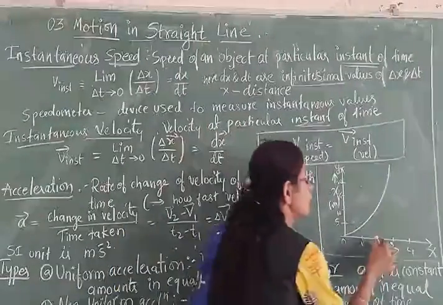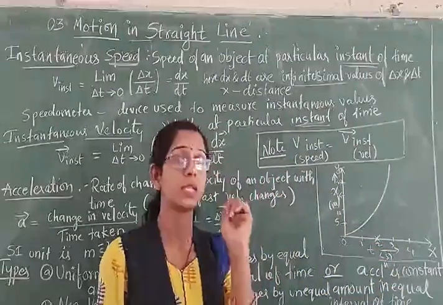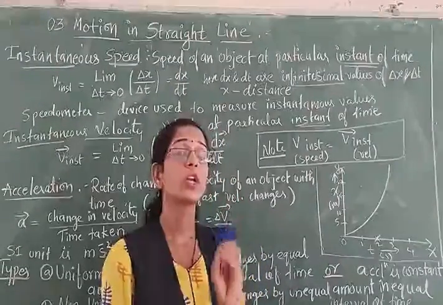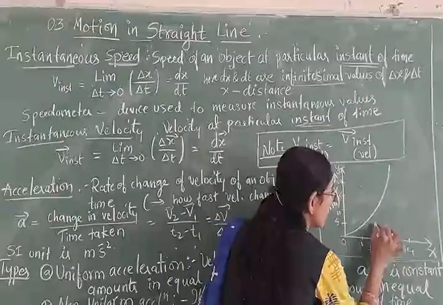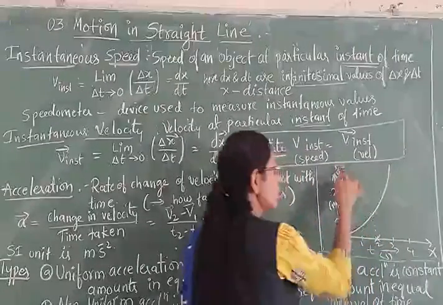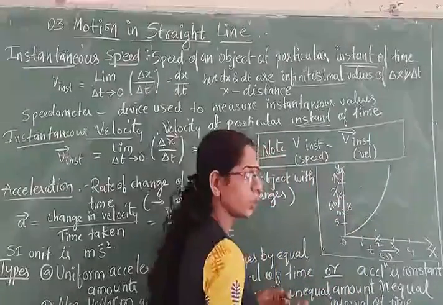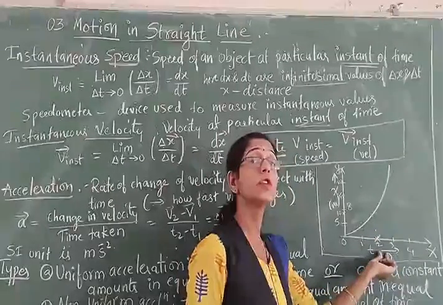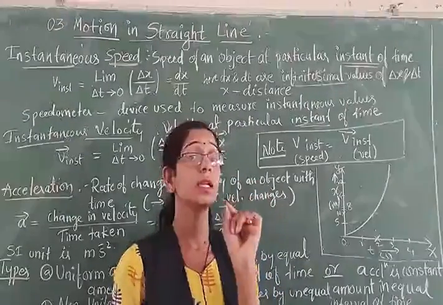So let us take an example: I want to find the speed attained by the object at 2 seconds, meaning the time is 2 seconds. At that instant, what velocity will the object have? How do I obtain it? You draw a perpendicular from the curve, and from this again draw a perpendicular which cuts your y-axis. It is roughly equivalent to how much? 8. So 8 upon 2 will give you the value for its instantaneous speed or instantaneous velocity.